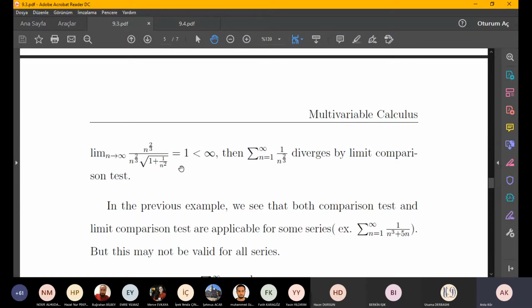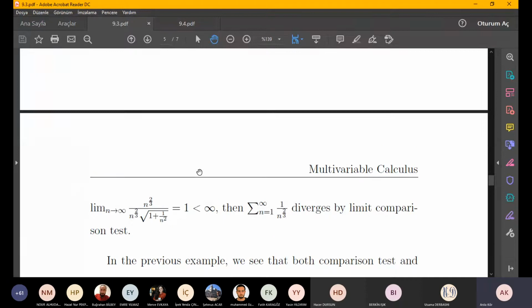And here we know that the sum of 1 over n to the 2 over 3, as a p series, p is 2 over 3, which is smaller than 1, and by the p test, or by the definition of p series, we know that this is divergent.